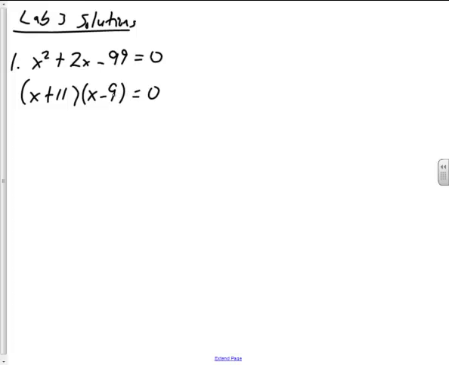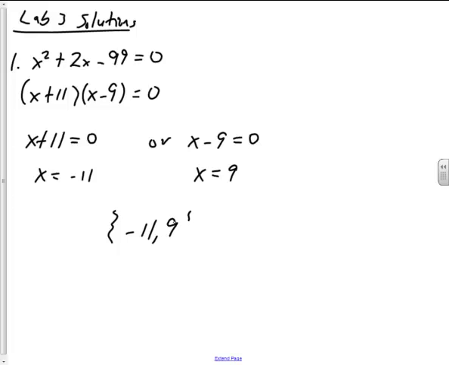We have to solve this equation after we factor it. So we set each one of these factors equal to 0 and then solve for x. So x is going to be negative 11, or x minus 9 is equal to 0, so x is going to be 9. Negative 11 and 9 will be your answers there.